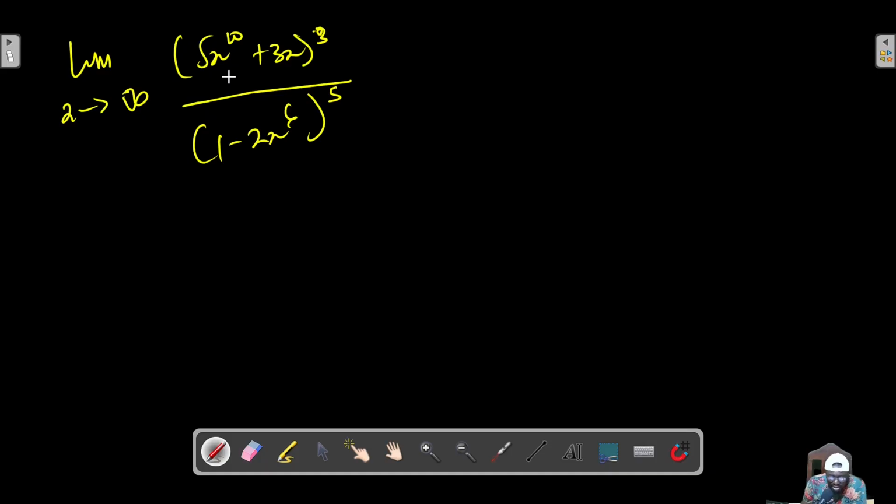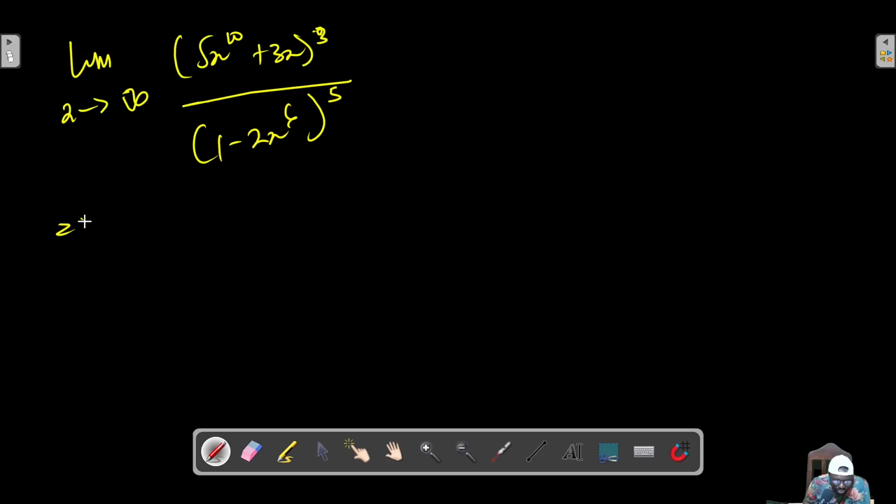What do I mean by algebraic manipulation? For the term in the bracket, I can factorize out an x term, such that the x term in the numerator cancels out the x term in the denominator. Then I can do the direct substitution, substituting x with infinity.